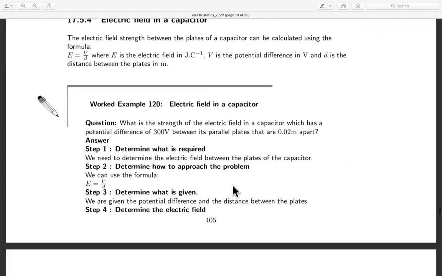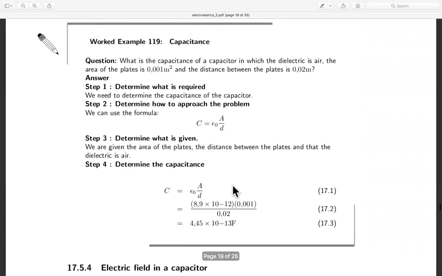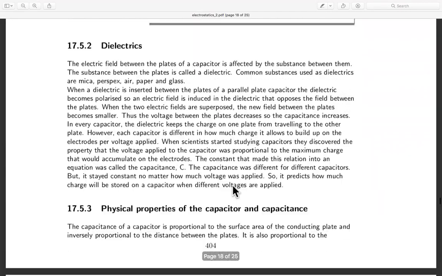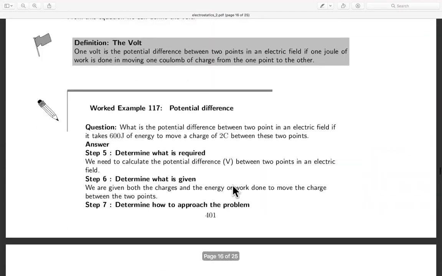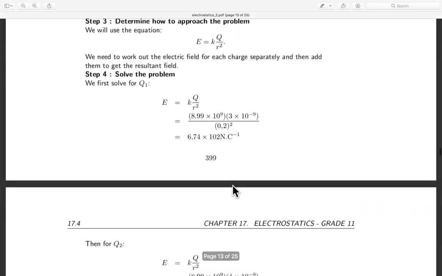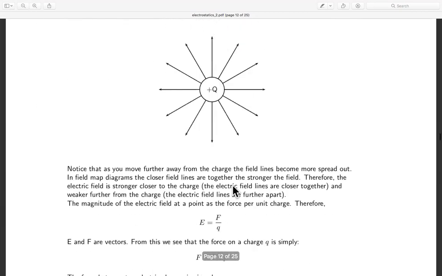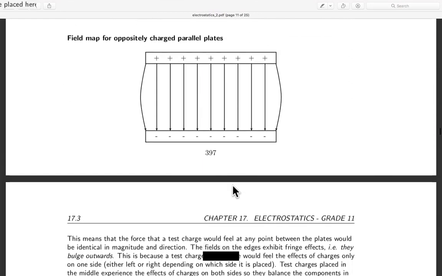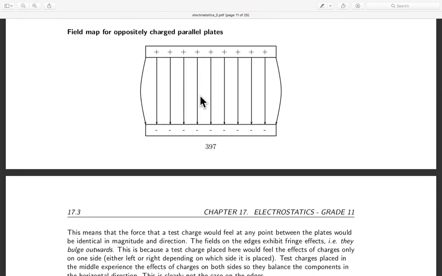I will go back to the picture of two plates. This is actually the dielectric. On the upper position is positive charge and on the bottom position is negative charge.